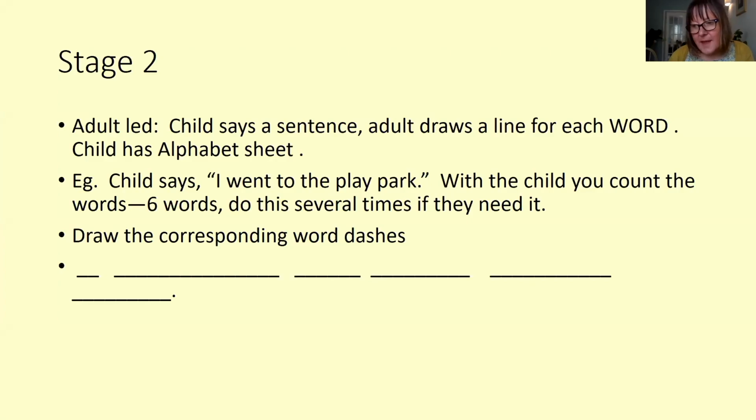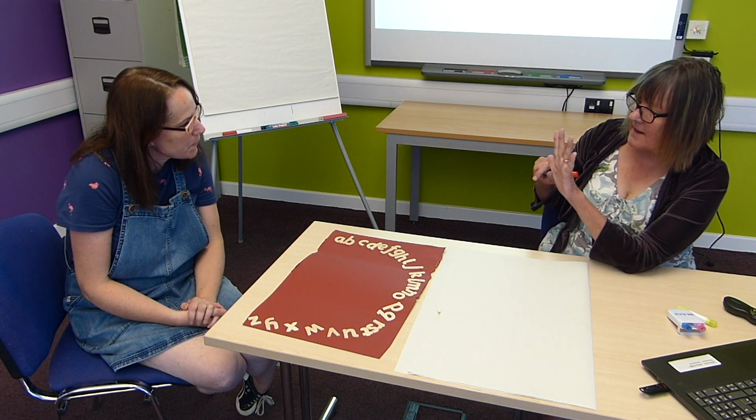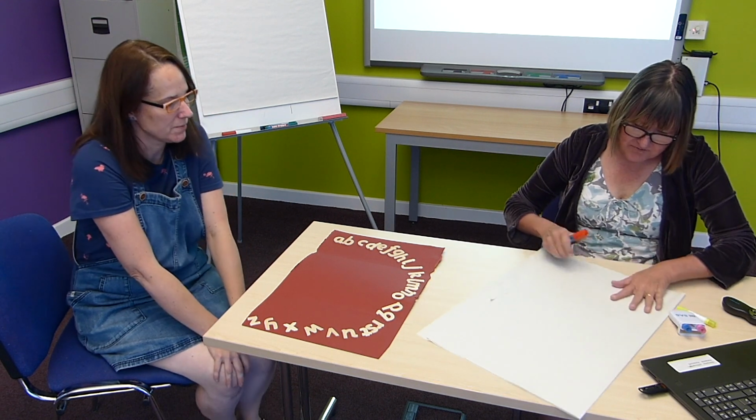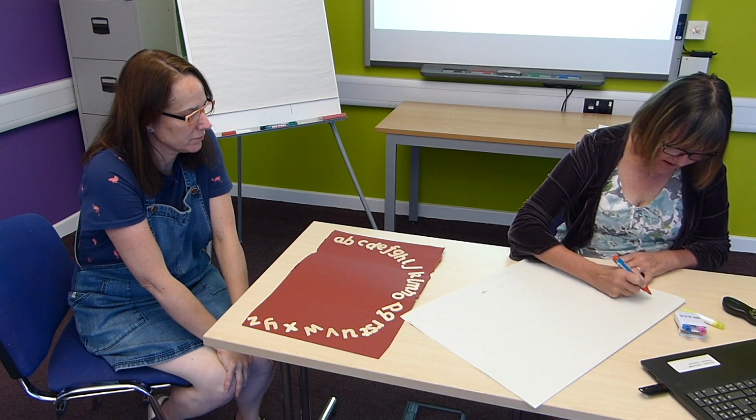In the second stage, we're beginning to give the child a little bit more independence, and we've got another video clip to demonstrate this. How many words is that? I saw my cat. How many have you got there? 1, 2, 3, 4. Right, let's write those lines for you.